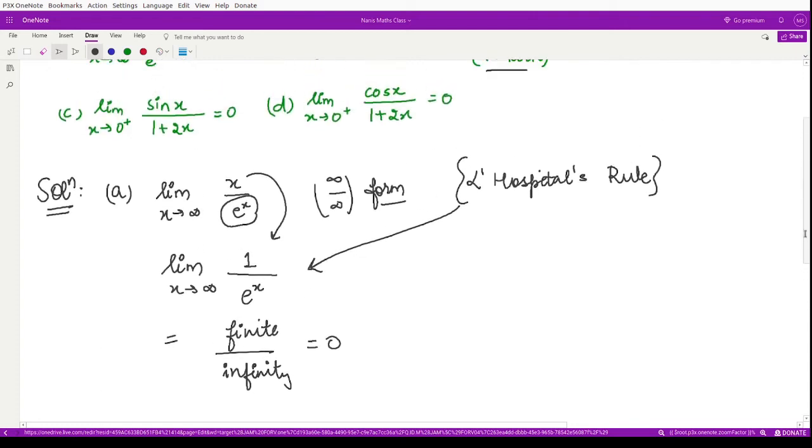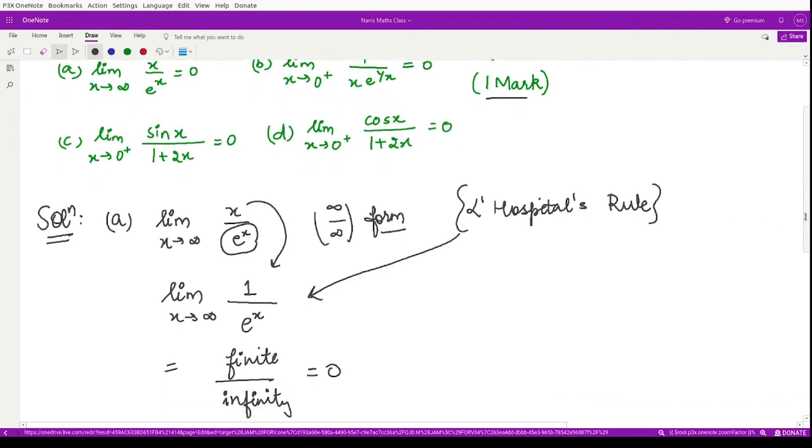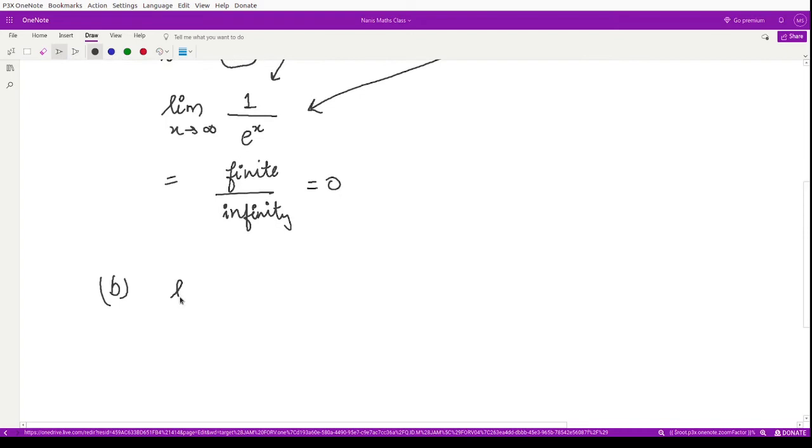It says that we are to check the right hand limit when x approaches 0 of this particular function. So let me write it down first. It is the limit as x goes to 0 positive of 1 divided by x e to the power 1 by x. Now we are to check whether this is equal to 0 or not, right?